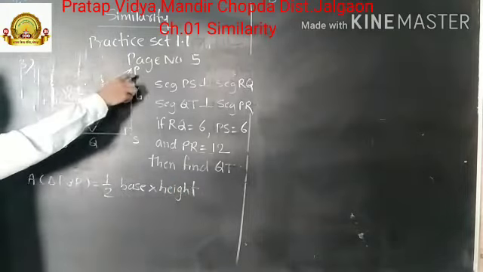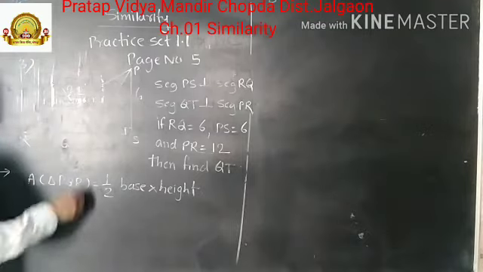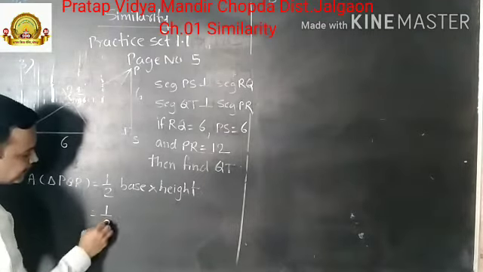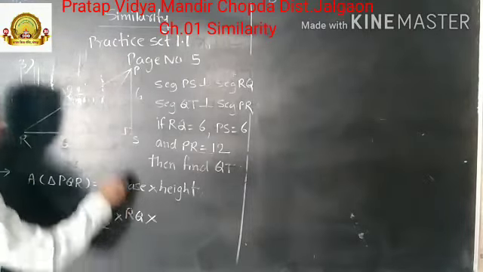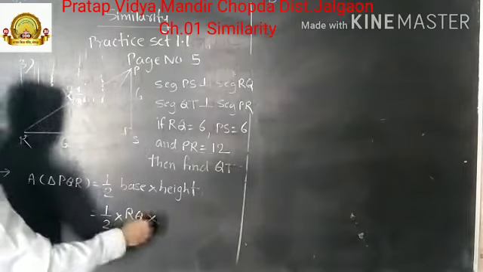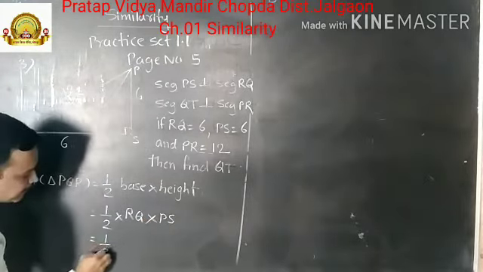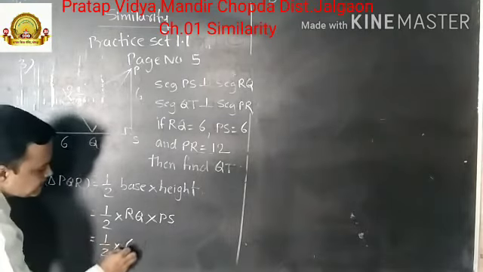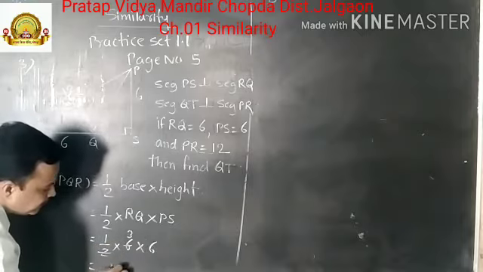For triangle PQR, first we take the base RQ. So we write 1/2 into RQ into what is the height? Height is PS. Putting the values, 6 into 6, we get 18.